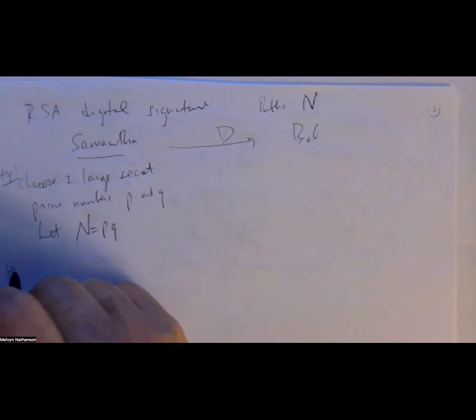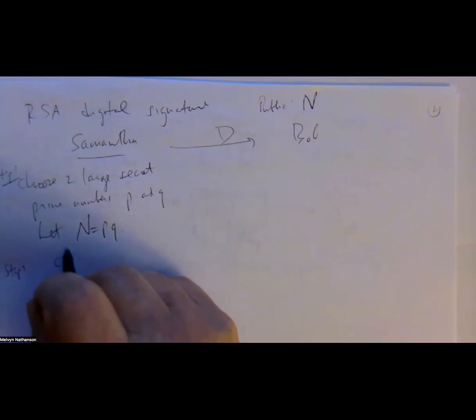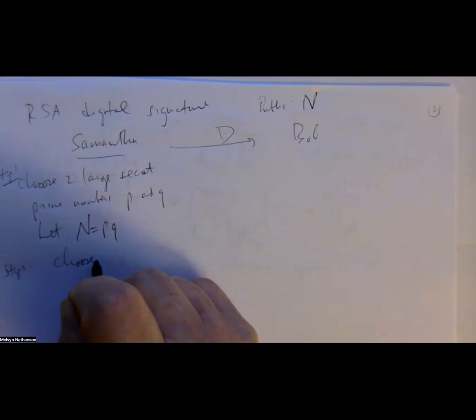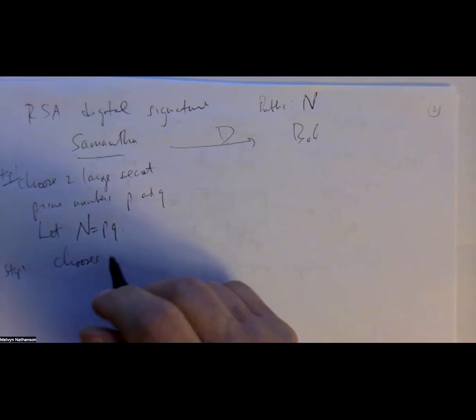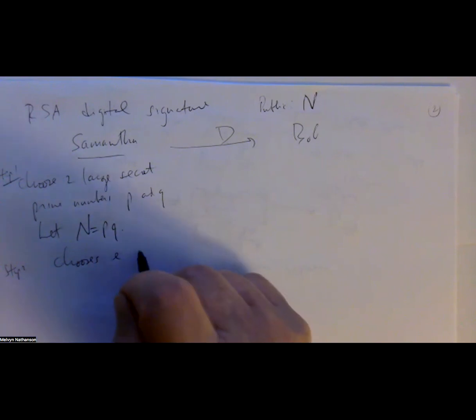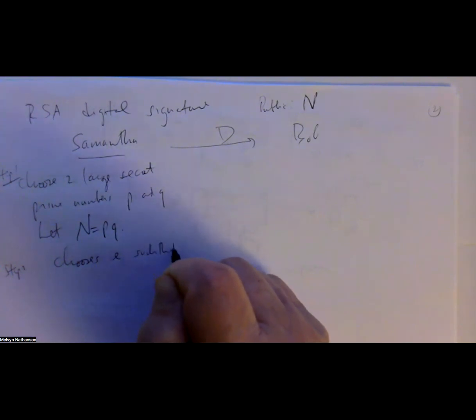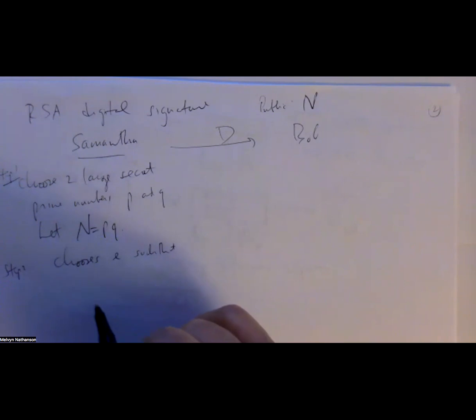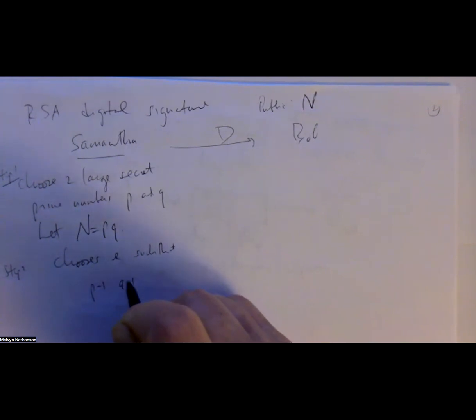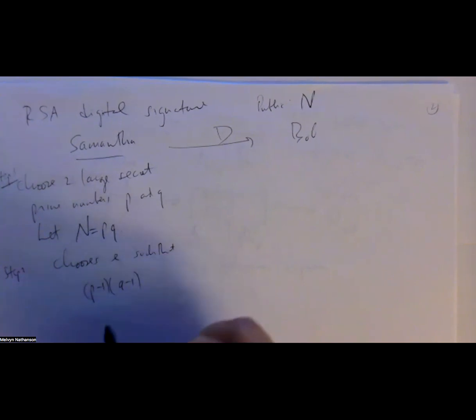Step two, Samantha chooses an integer E such that, now of course she knows P and Q, so she therefore knows P minus 1 and Q minus 1, and she knows how to multiply them together.